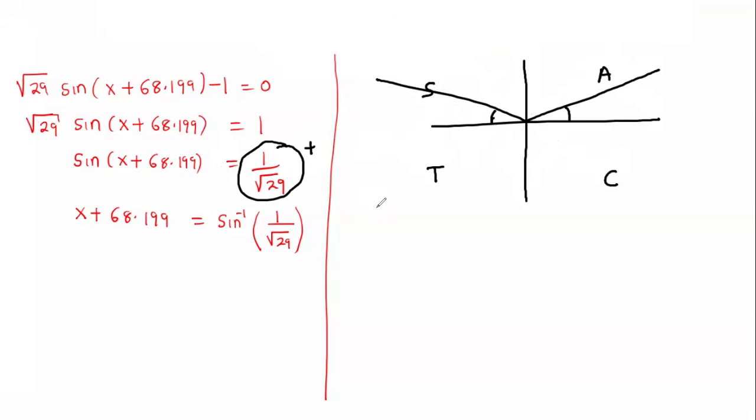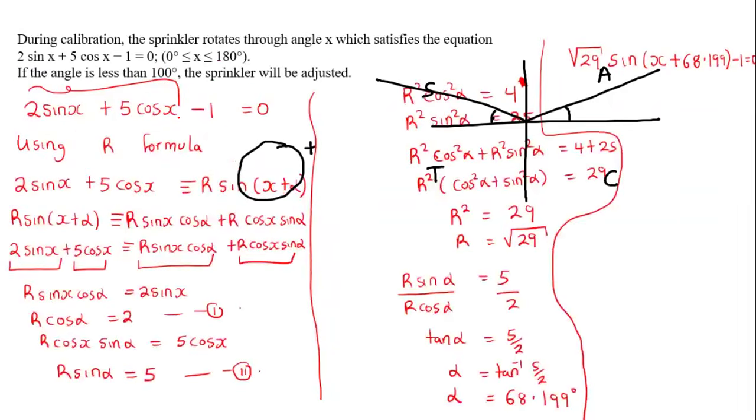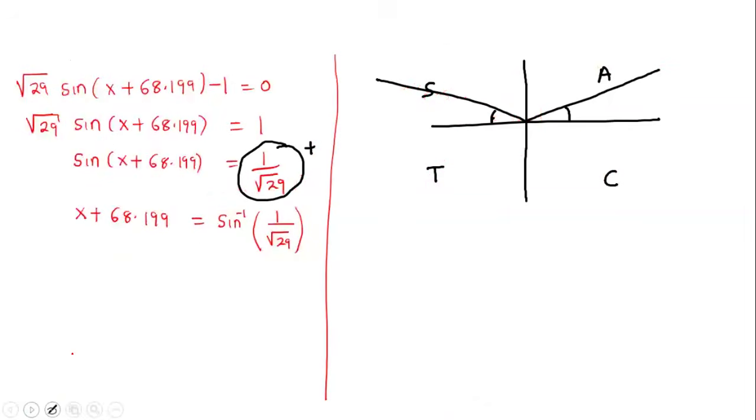But because there is a root here, there are possibilities that you can have a negative, because this root can yield negatives. But when you look at our range, it does not call for negatives. It is between 0 and 180.